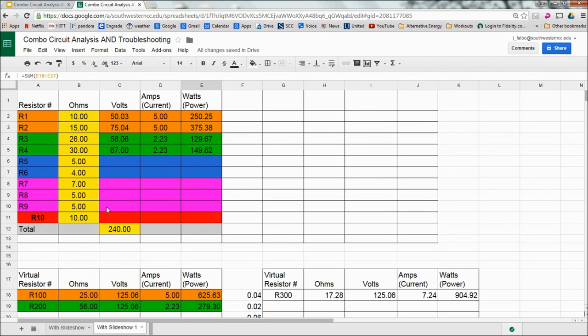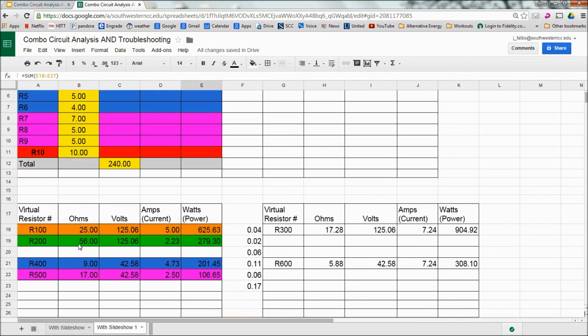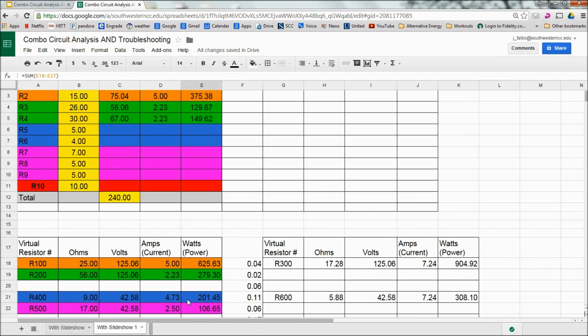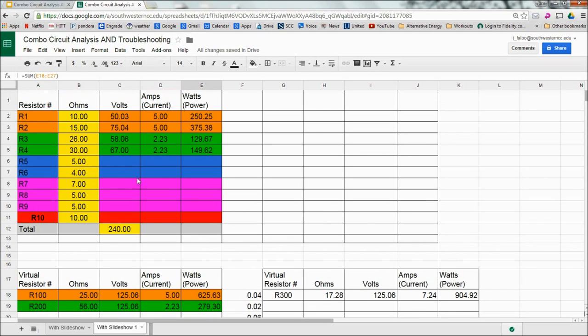So in our spreadsheet, my branch 400 here, my R400, was made up of these two guys, remember, in series. 5 plus 4 is 9. So I'm going to go ahead and translate the current that was calculated over to the current over here.